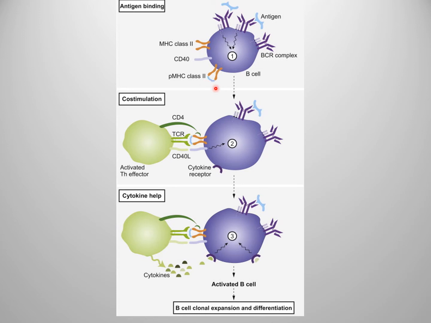This class 2 molecule then interacts with the TCR in a process called co-stimulation, which also involves CD40 on the surface of the B cell and CD40 ligand on the surface of T cells interacting. This interaction results in release of cytokines, which causes activation and proliferation of B cells, resulting in B cell clonal expansion and differentiation.